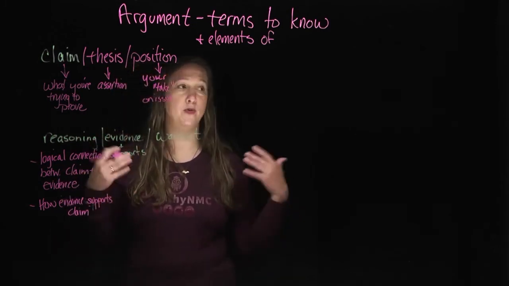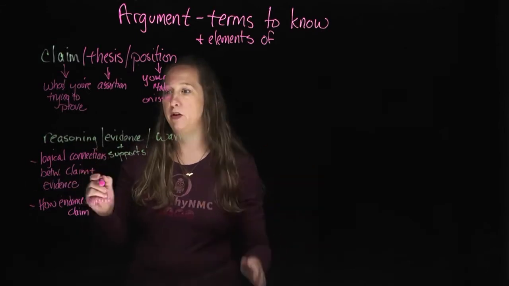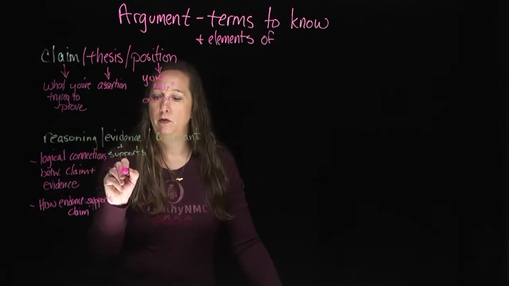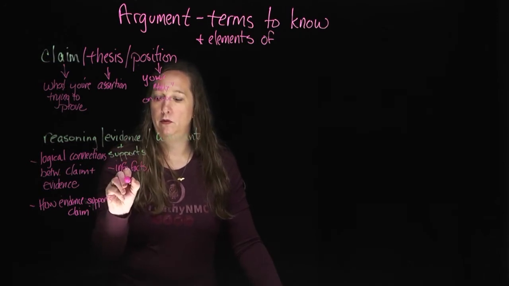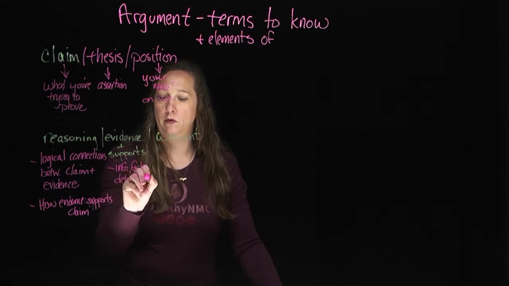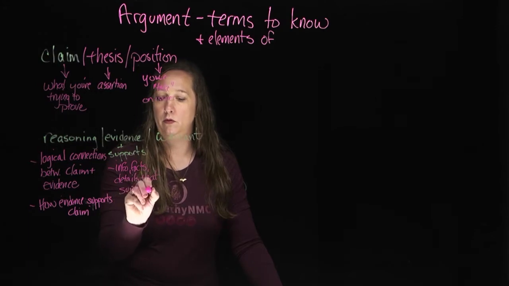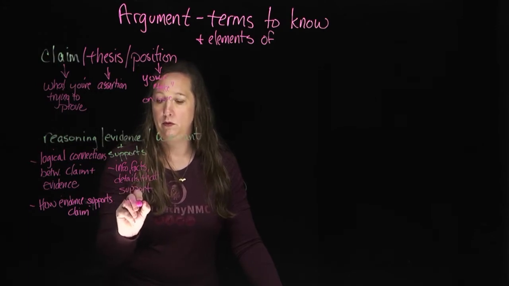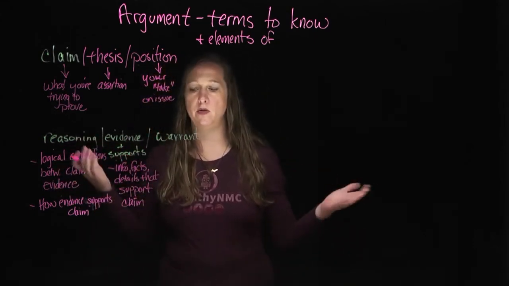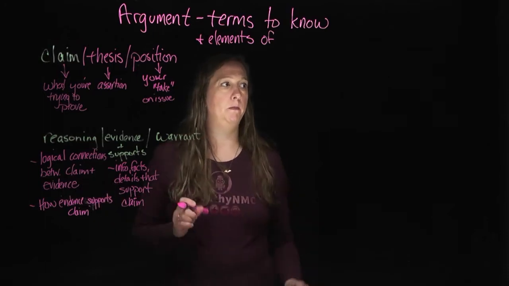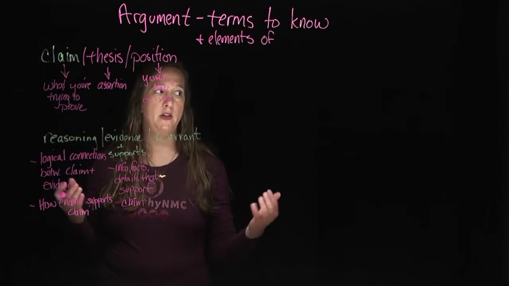So your evidence or your support, so to speak, this is your information. This is what you're using to support your claim. So information, facts, details, narrative, so on and so forth, the things that support your claim. Your warrant is the idea of how your claim and your evidence are connected.